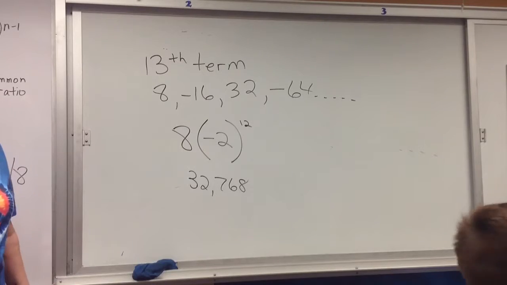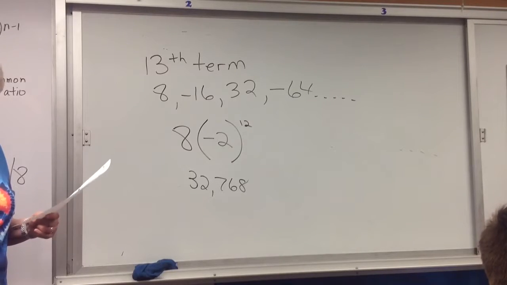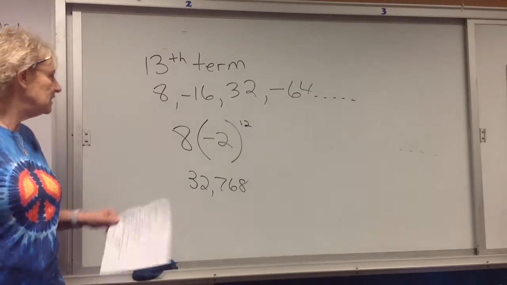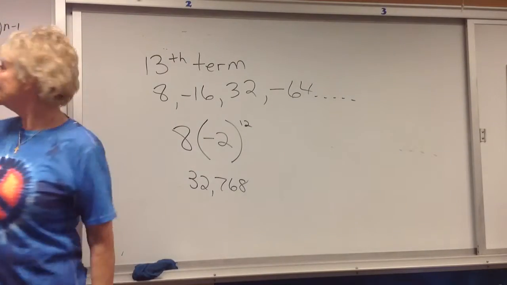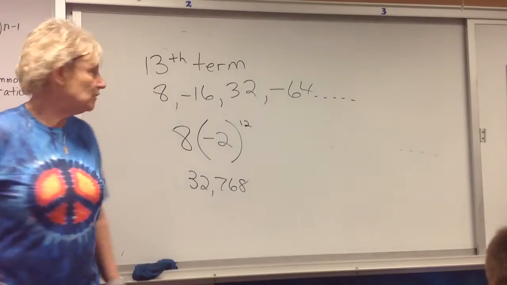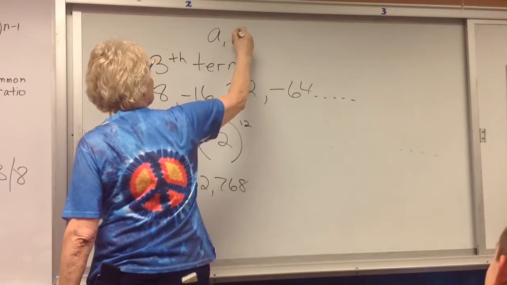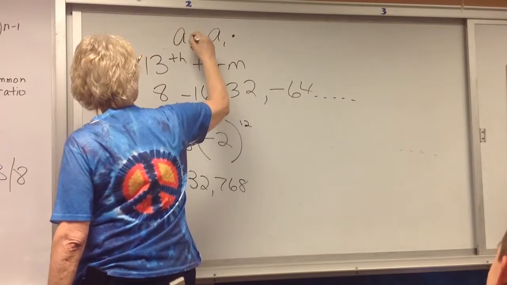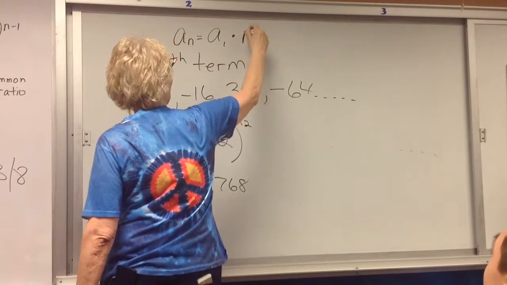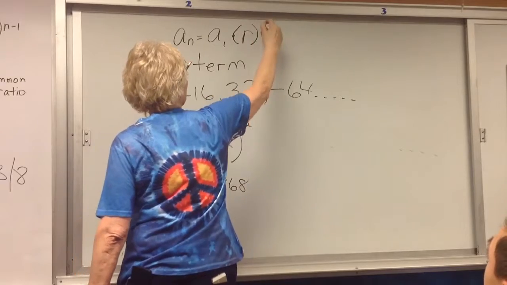It's 32,768. I got it. Where did the 12 come from? 13 minus 1. The formula is the first term times the ratio, R, to the N minus 1, using parentheses.